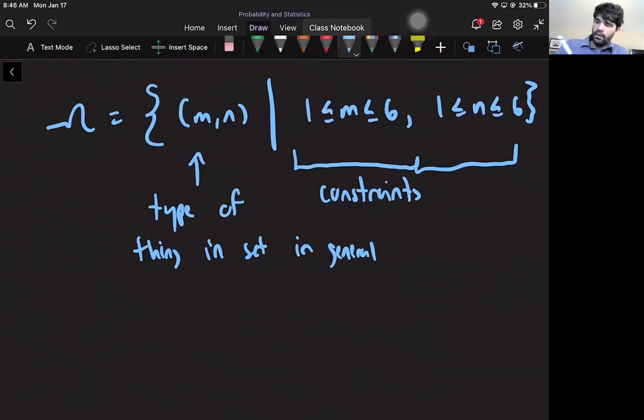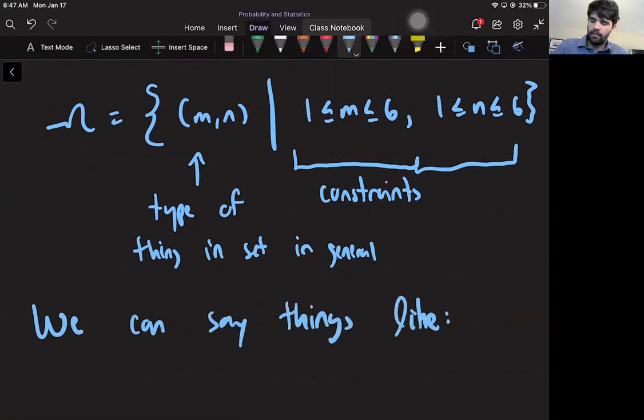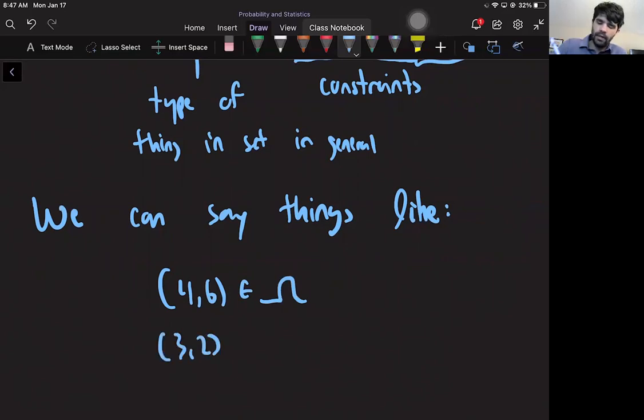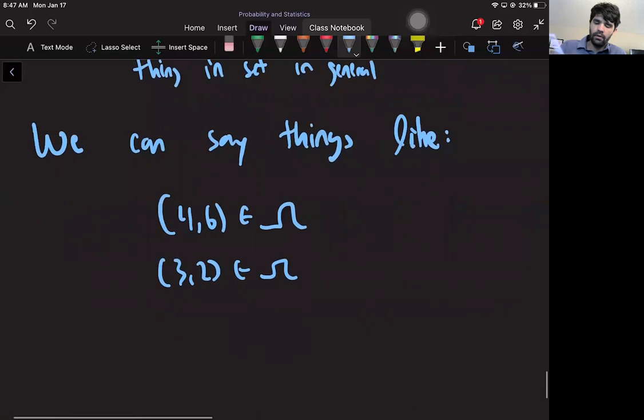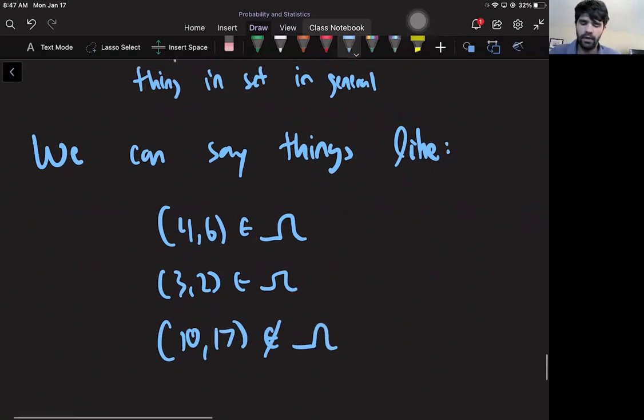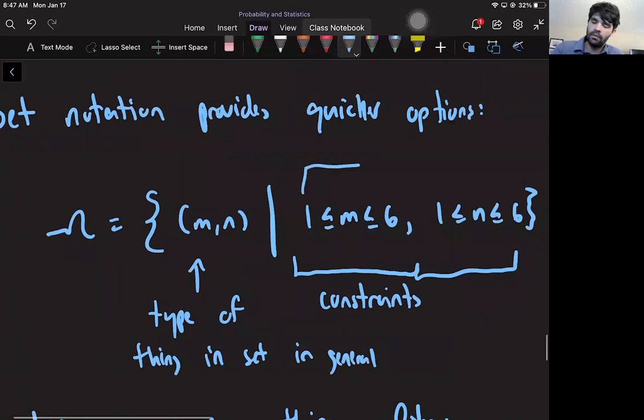Okay, so then just to practice notation some more, we can say things like this. So I could say like 4, 6, that's certainly in here. Or 3, 2 is in here. Or I could say 10, 17 is definitely not in there. So it's not in there, even though it's a coordinate, it doesn't fit in these constraints.